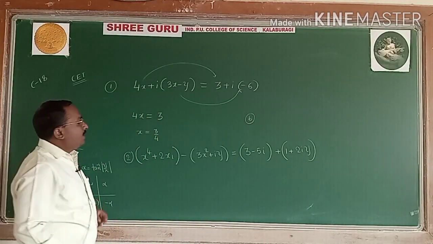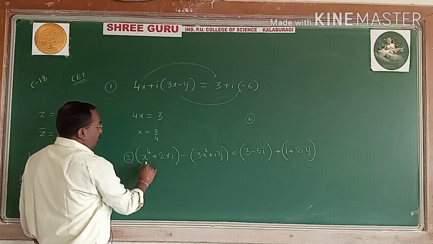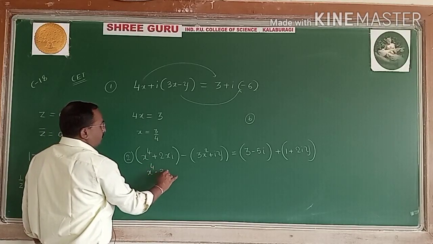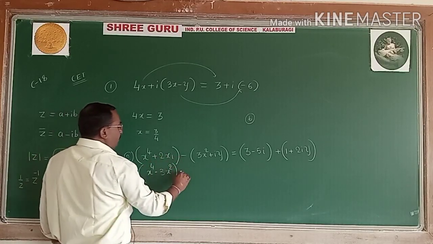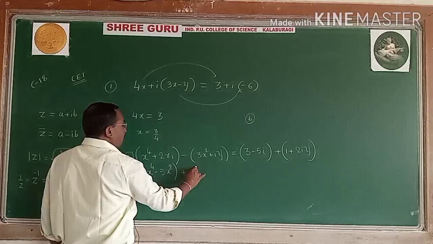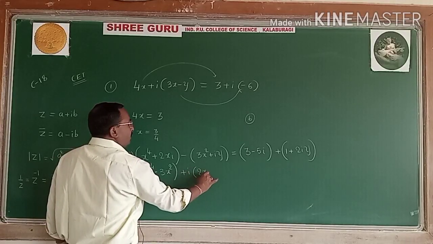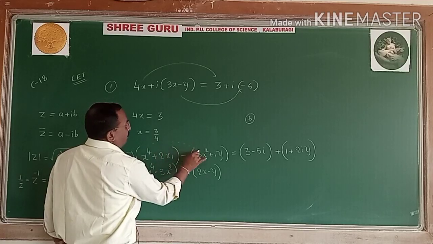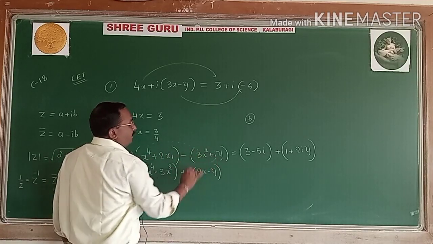Equate real and imaginary parts. Real part separate: x power 4 minus 3x square is the real part. Taking i common, 2x minus y is the imaginary part. These are real, these are imaginary.